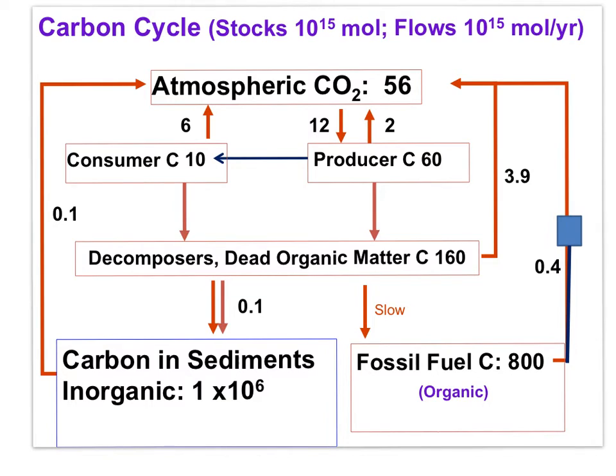Carbon is transferred to the decomposers. Decomposers also respire. Partially decomposed organic matter is transformed into coal, oil, and gas that accumulate in porous rocks. Fossil fuels are organic, and their combustion releases carbon dioxide to the atmosphere.